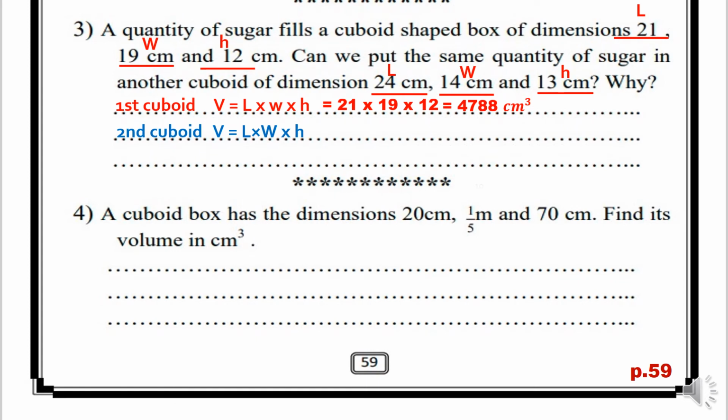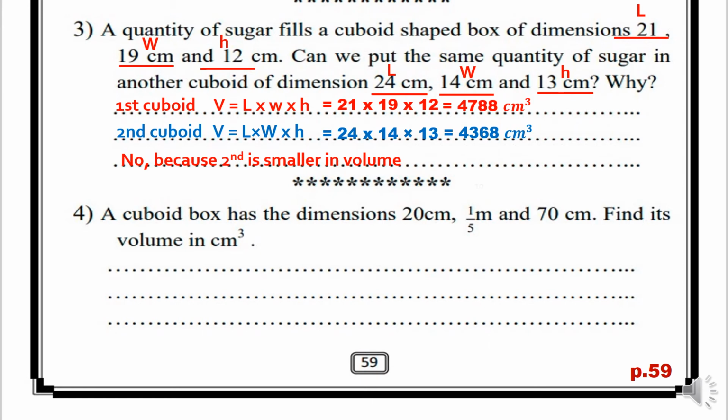The volume of the second cuboid equals length times width times height equals 24 times 14 times 13 equals 4,368. So the first cuboid is bigger. So I can't put the same amount of sugar in a smaller cuboid. So I can't do it because the second cuboid is smaller than the first one.